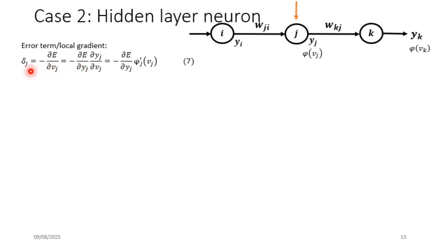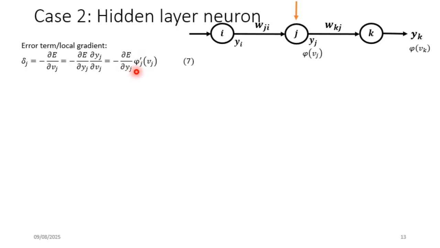Delta j, as we have just seen, is equivalent to minus of partial derivative of e with respect to vj, and it can be written like this as per the chain rule, and this we already know, it is phi dash vj, the derivative of the activation function. Now we need to compute this term, partial derivative of e with respect to yj.